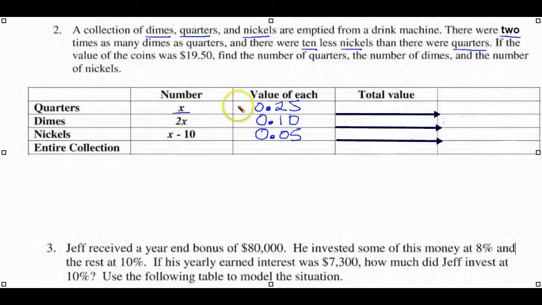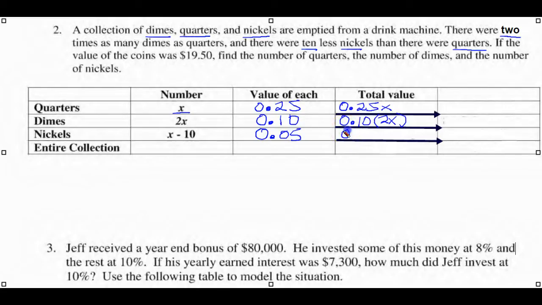Now, what will be our value of quarters then? Each quarter is worth 25 cents, and this is the number of quarters. So it's going to be 0.25x. That's the total value of the quarters. And the same for the dimes. 0.10 times 2x, the number of dimes.